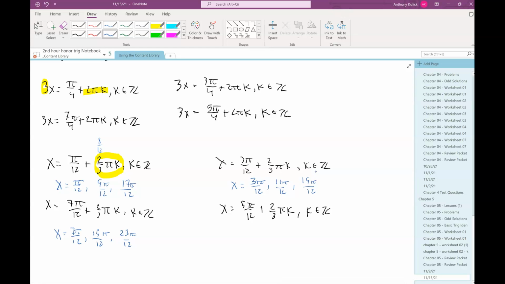Too big. And then, let's see, 13 pi over 12. And then 21 pi over 12. And then too big. So those are going to be my answers.